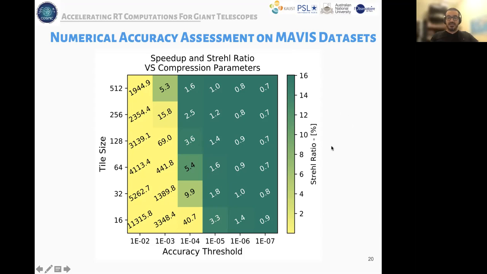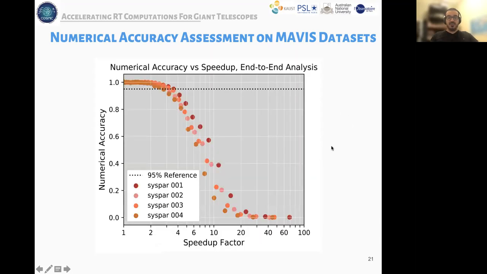Another way to look at this figure is also comparing the speed up factor. So how much saving I'm able to make by doing low rank compression versus the numerical accuracy. There is a dotted line, which is a reference. So anything below that line means that it may not be usable at the end.